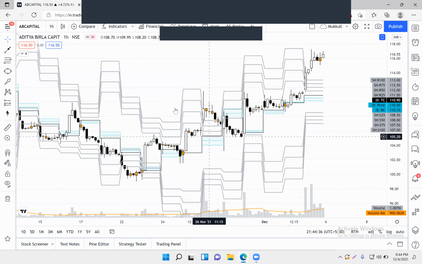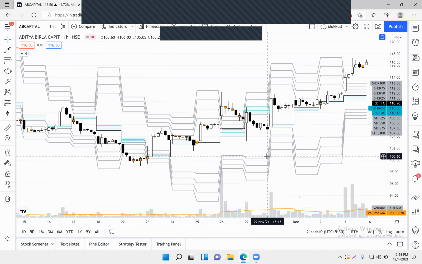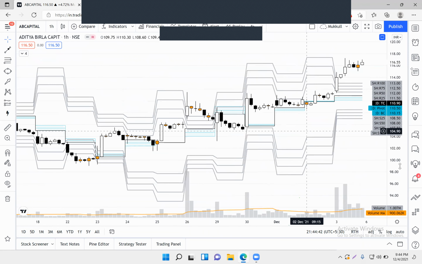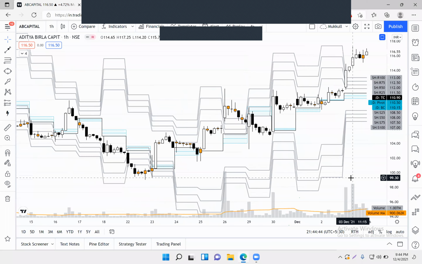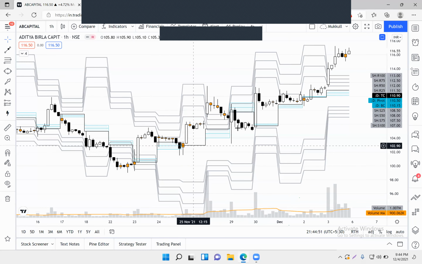So when I said this setup is capable of catching bottoms, the setup does not lie. Always remember one thing: if you are a pivot follower, pivots never lie, because everything is in front of you. Ascending trend shift, almost bottom, and after that the trend went up again, okay.